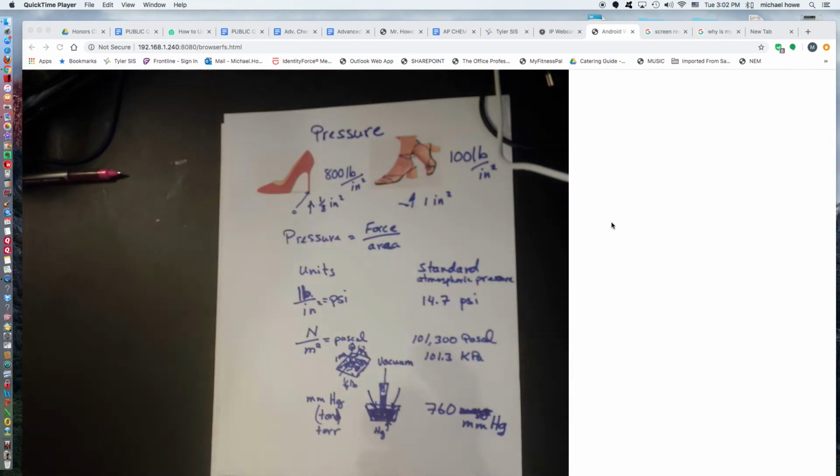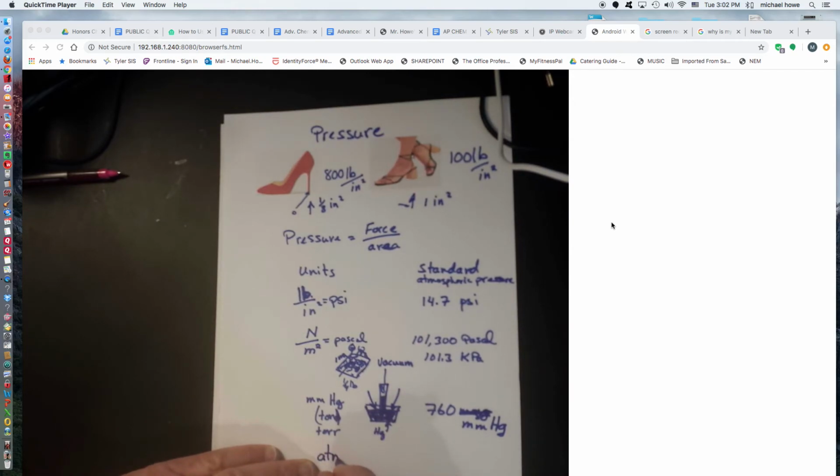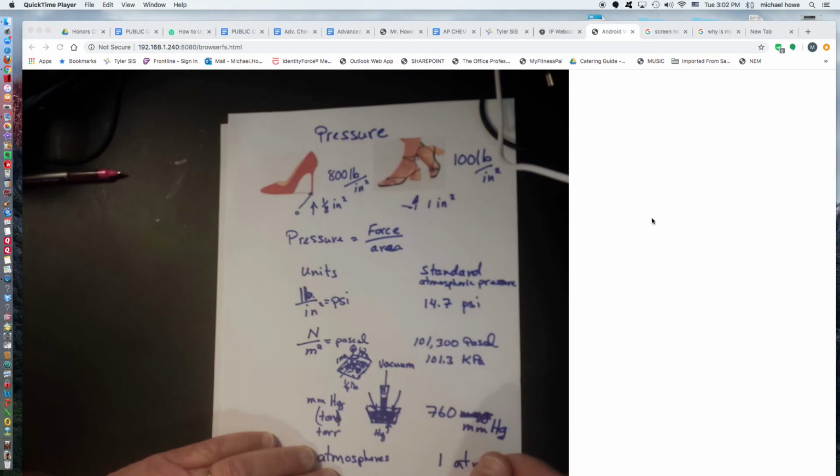About 3/4 of a meter stick high would be normal atmospheric pressure. And then the last unit of pressure that we use normally is atmospheres. Sometimes we just say the Earth has an atmosphere, and the pressure exerted on us we can measure in atmospheres. Normal atmospheric pressure is 1 atmosphere.